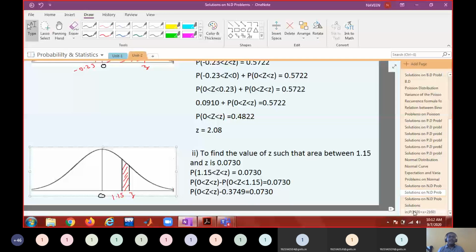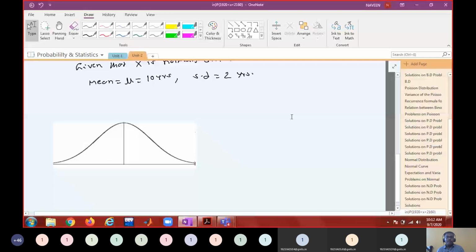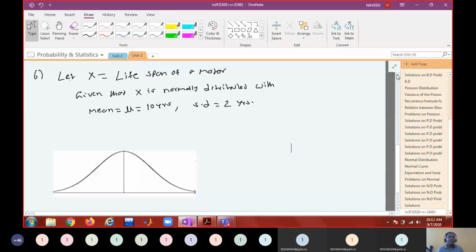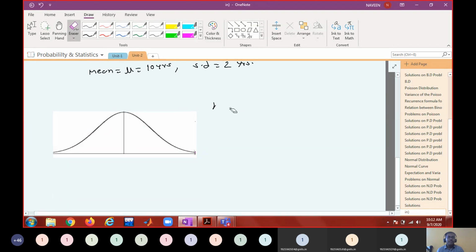So this is the normal curve, right? He wants to replace, so lifespan increasing, right? Let me consider the mean mu equal to 10. This is not a standard normal curve. When I write mu equal to 10, it means it is not a standard normal curve. It is a normal curve only. So the mean is 10 years.